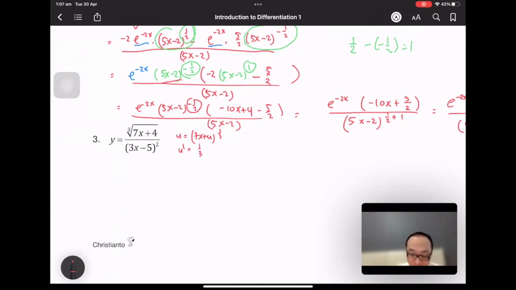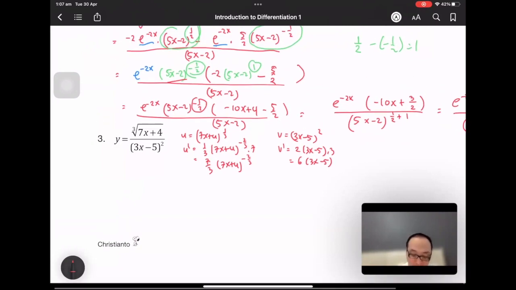So 1/3 (7x plus 4) to the minus 2 over 3, times the derivative of u, which is 7. So 7 over 3 (7x plus 4) to the minus 2 over 3. v is (3x minus 5) squared. So v prime is 2(3x minus 5) times 3. So 6(3x minus 5).